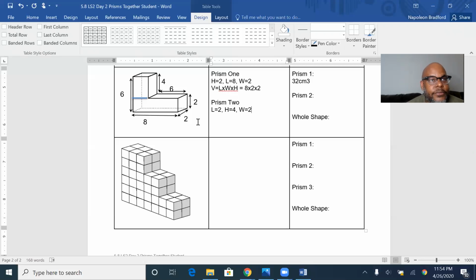Good job. All right, 10 more seconds. You should have two more answers for me. One of the volume of prism 2, as well as the volume of the whole shape.